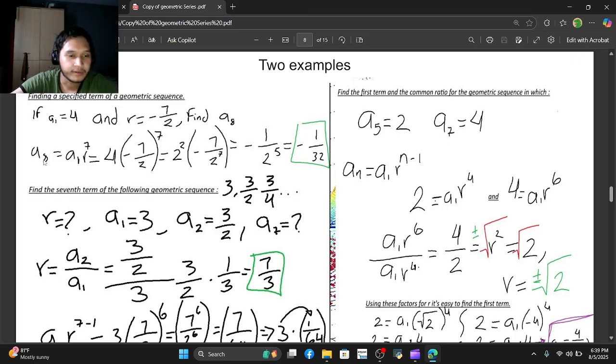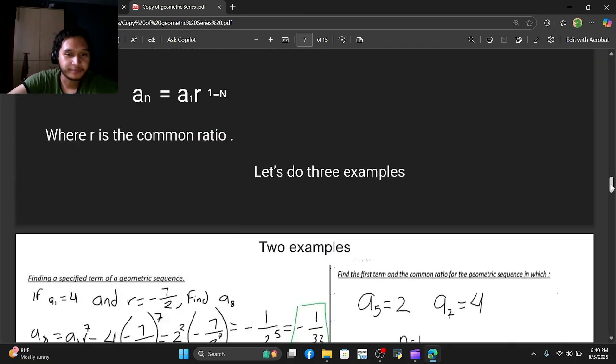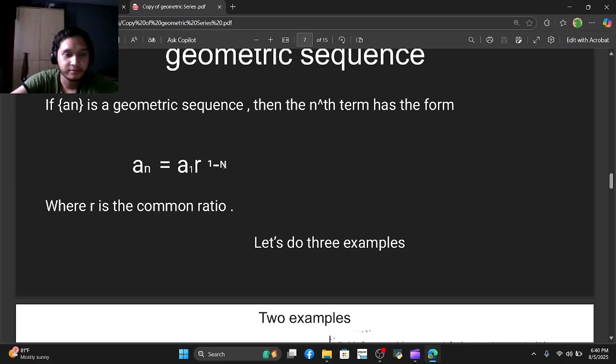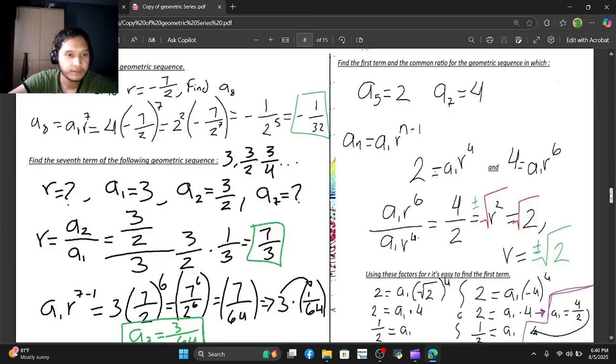Now take a look at this. We take the eighth term in the sequence. Obviously, we don't know what the eighth term is, and we don't know the number behind it, so we just write a sub 8. We replace the n with 8 here, so 8 minus 1 will be 7.